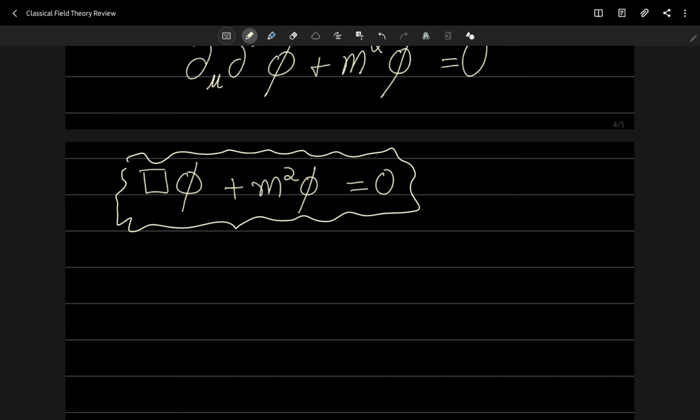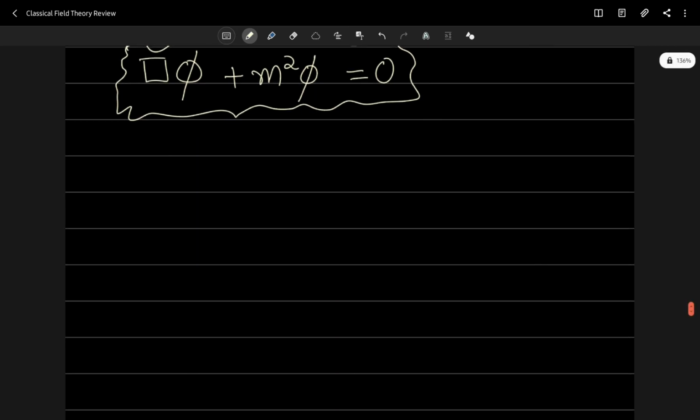We have actually derived this equation in very early videos of mine, and also in the videos in the particle physics playlist, and it is known as the Klein-Gordon equation. What it does is tell you the dynamics of the Klein-Gordon field.